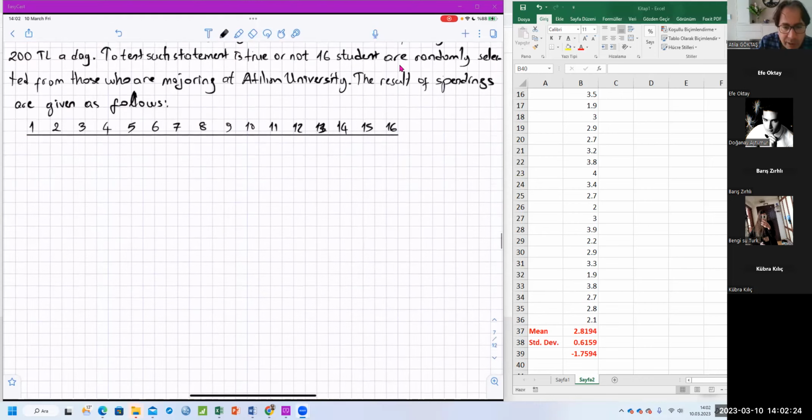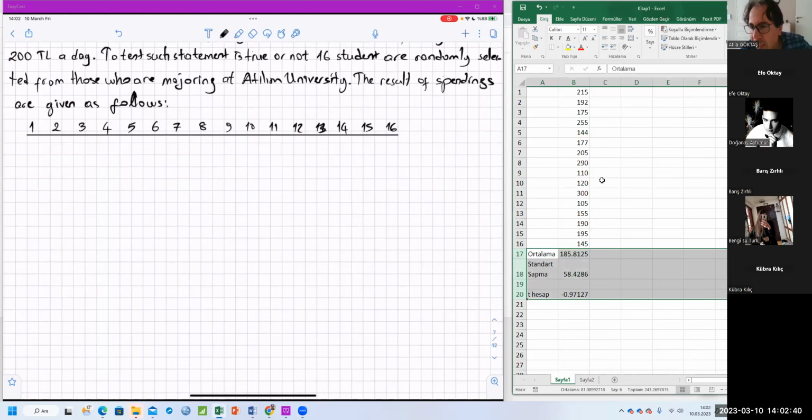Okay. I've done a similar example in the third section today, and I have written the result here, and I'd like to use the same output. The first person is spending 255, 215. The second person is 192. The third one is 175.